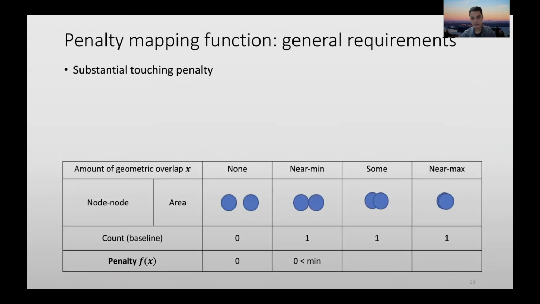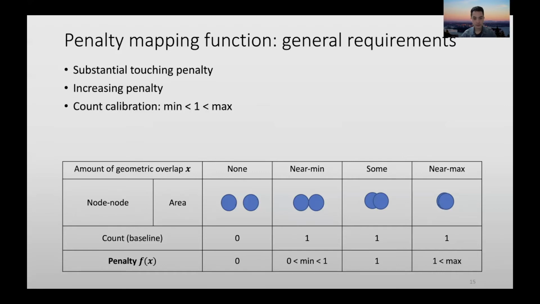So the first requirement to achieve this goal is to have a substantial touching penalty, which means in the near min case, the minimum penalty should be strictly greater than 0. Second, we want to have an increasing penalty if x is increasing. Specifically, we want to have a max penalty where the max penalty is strictly greater than the min penalty.